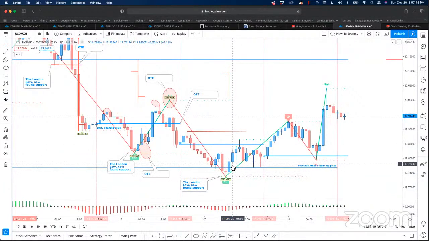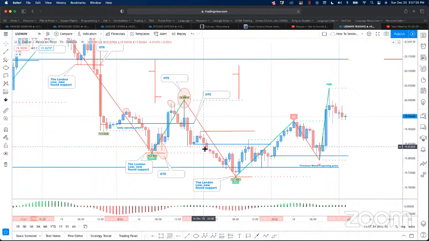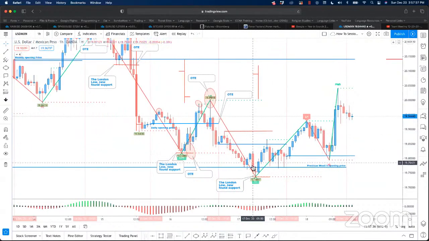This day, we know we need to slow down on the selling because we're near the previous week opening price, right? But once we make this low, this actually gives us the setup to take when the market turns. It gives us the setup to know that we don't need to be selling anymore.